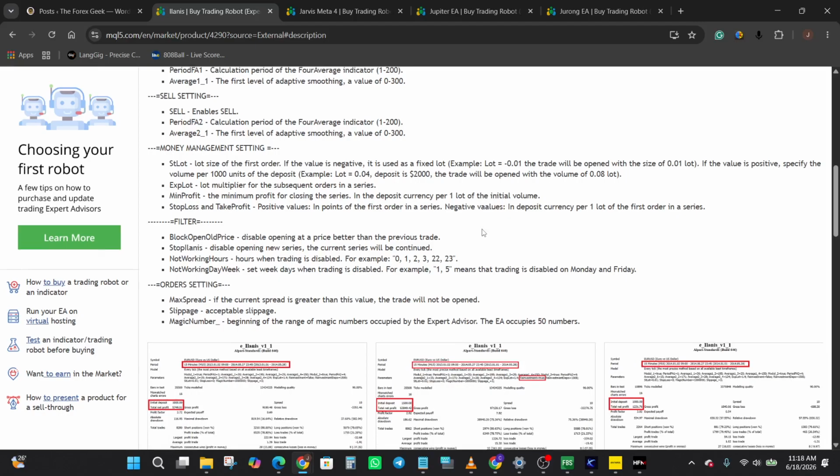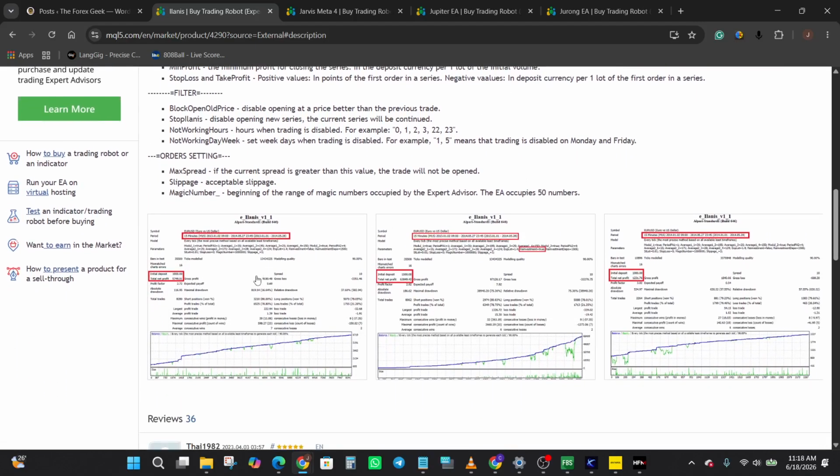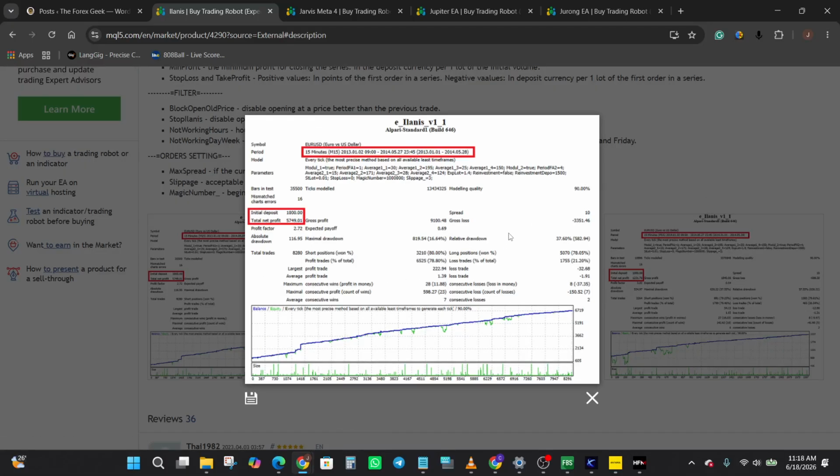Now, let us just move over to the historical backtest results. Whenever I review historical testing performance, I prefer to focus on how the strategy behaved throughout the testing period rather than just the final performance figures. Since the developer specifically recommends EURUSD on the M15 timeframe, that is the most relevant context when evaluating the historical analysis.